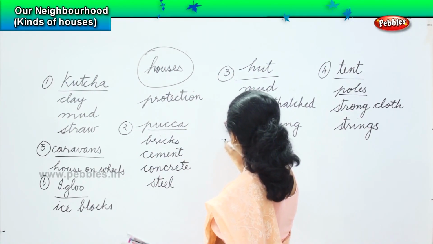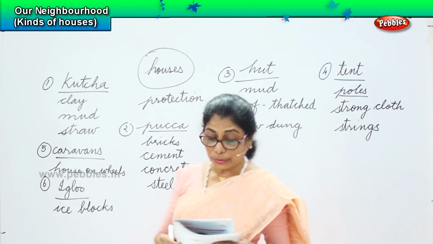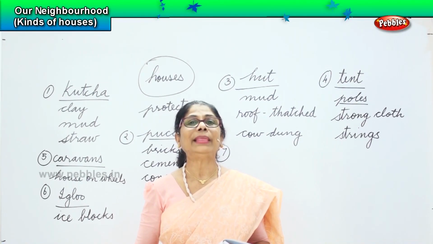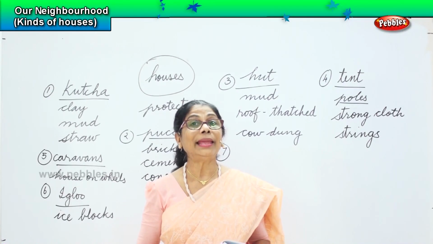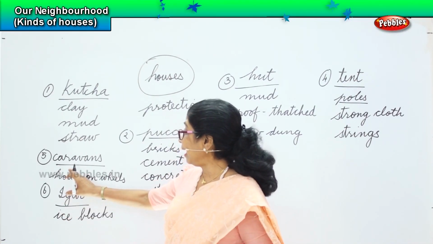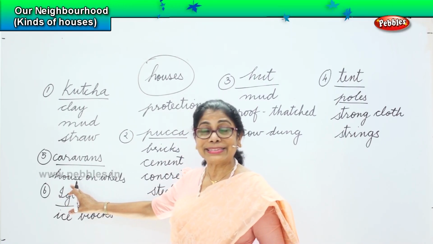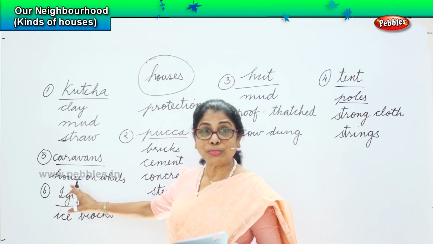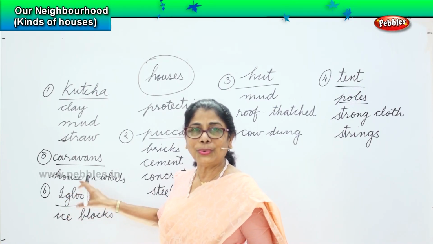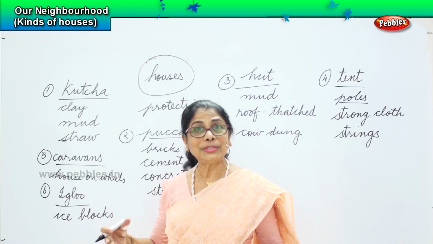Now, the seventh one, another type of house, the houseboat. Some people build a house in a large boat and live in it. A caravan is a house on wheels, but a houseboat is the same, except that it floats in water.